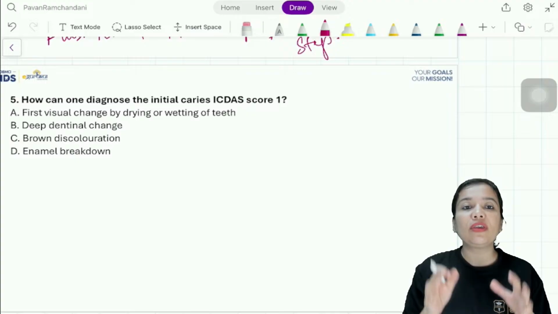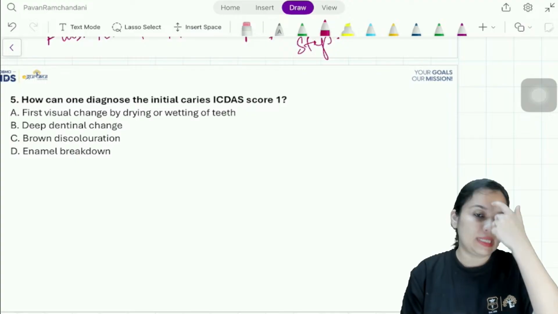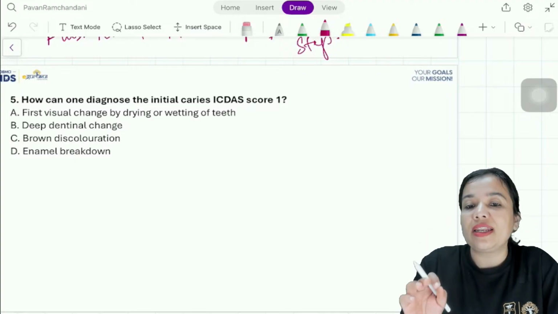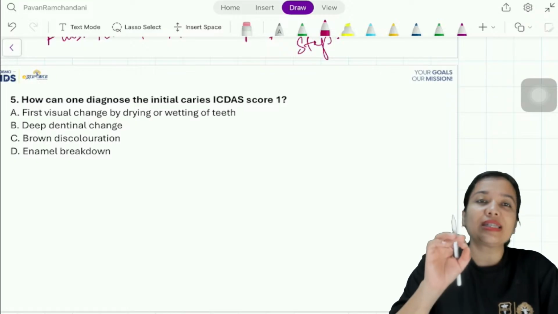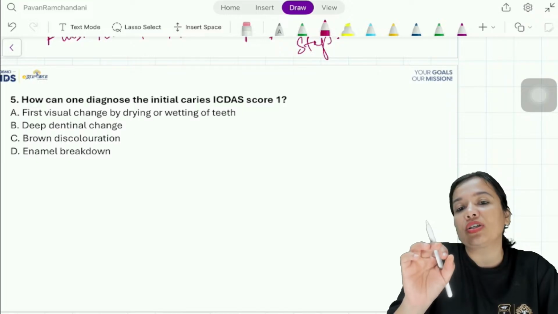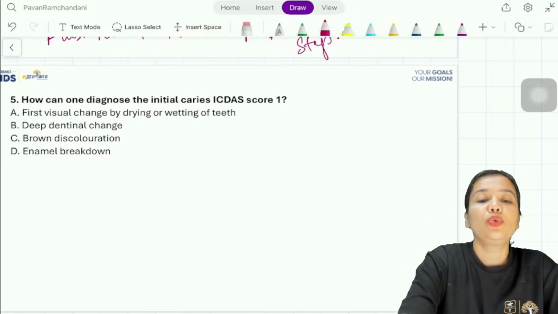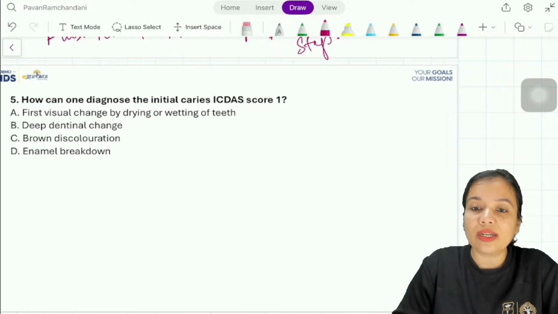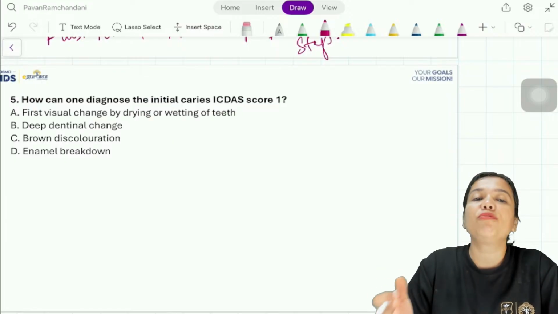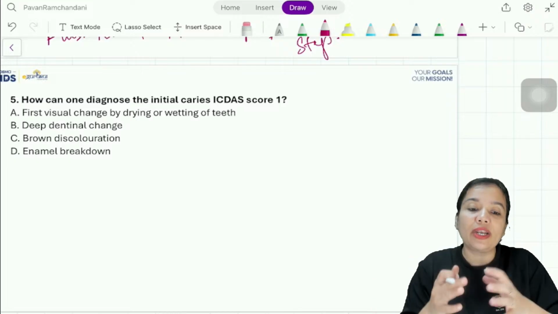So when we see the score 1 of ICDAS, it basically refers to the earliest stage of tooth decay, where there are subtle changes in the enamel structure that are visible to the naked eye. These changes may not be apparent under normal conditions, but become visible when the tooth is dried or wetted.